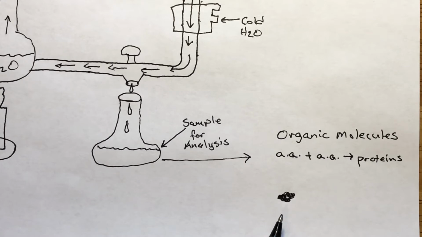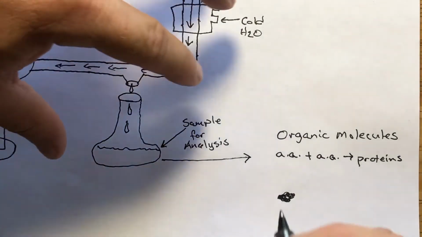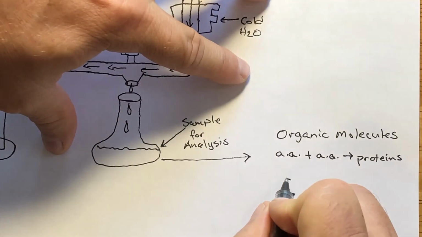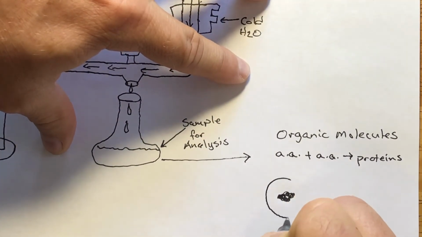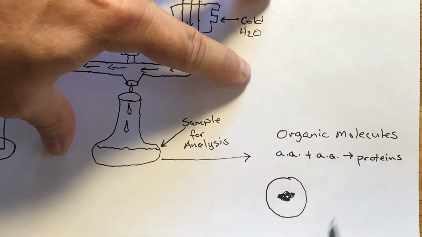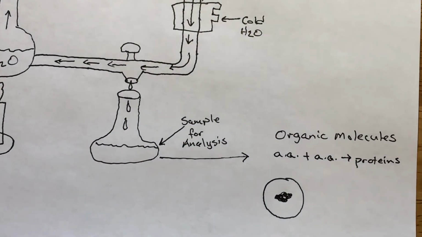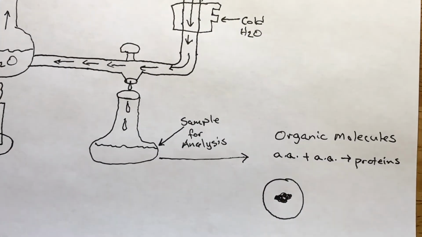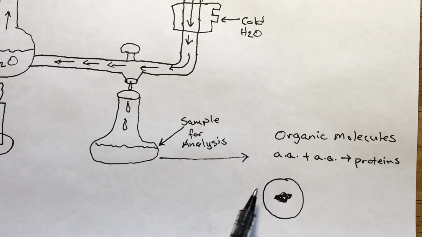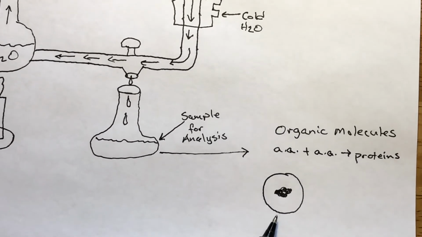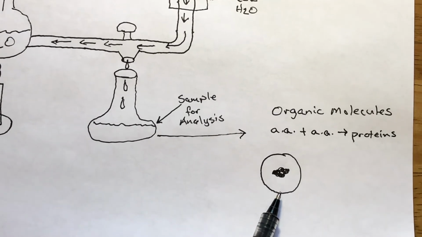And we can also get some important organic molecules that we know are essential to life under these types of conditions, basically in the lab. And when we generate another important type of macromolecule to living organisms called lipids or fats, those lipids will spontaneously form a membrane and surround these proteins.